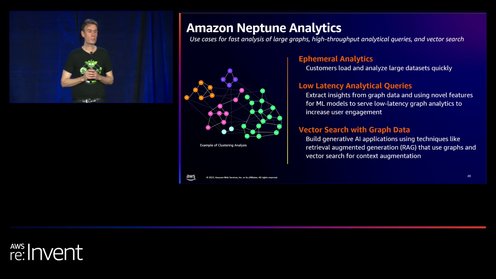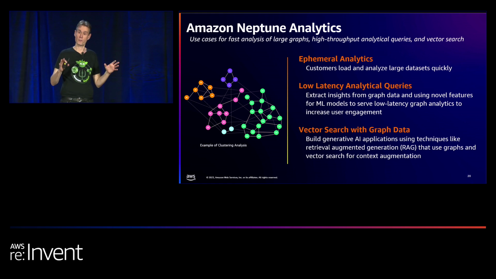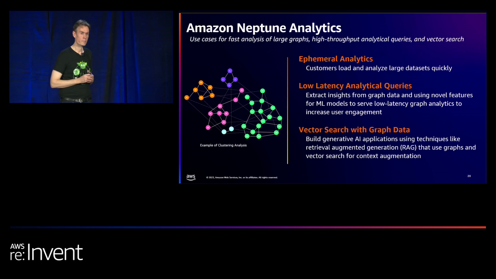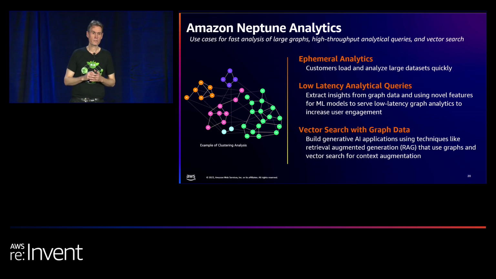There's three major use cases that we see you doing with Neptune Analytics. The first is what we think of as ephemeral analytics. This is where you have a graph in an existing Neptune database, or perhaps in Amazon S3, and you want to very quickly load that graph and then run graph algorithms, low latency graph queries, or vector search on it.